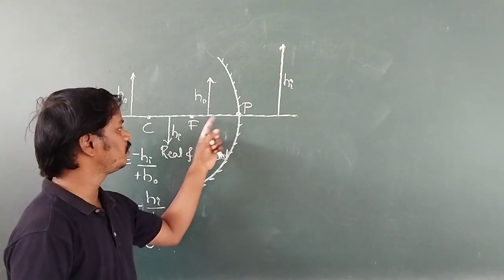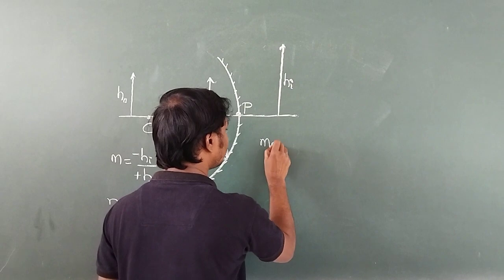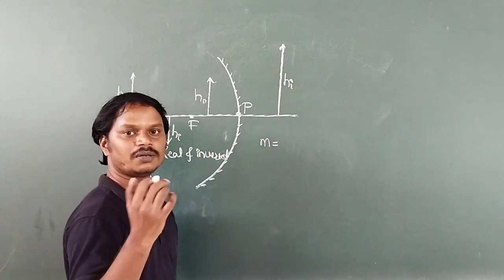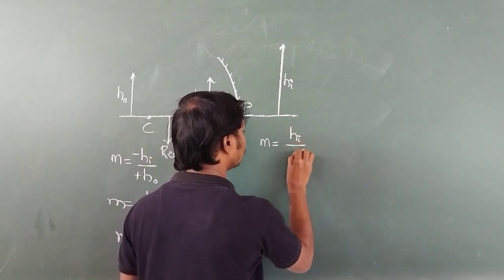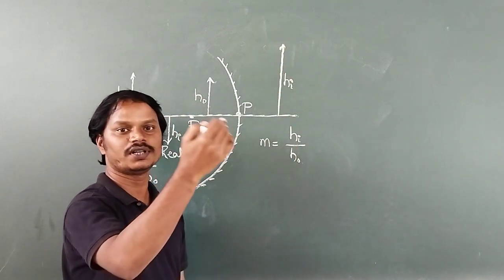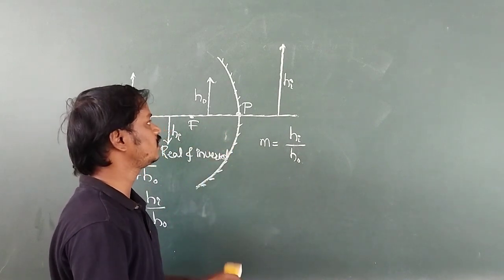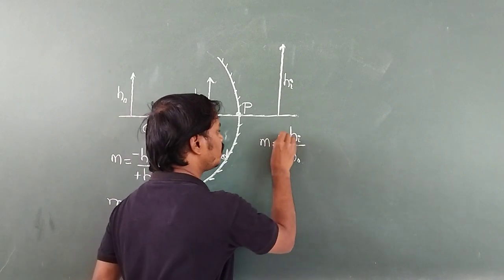The nature of the image depends on the magnification value. By the definition of magnification, it is the ratio of height of the image to the height of the object, HI by HO. Height of the image is measured in the upward direction. According to sign convention, distances measured in the upward direction are taken as positive.